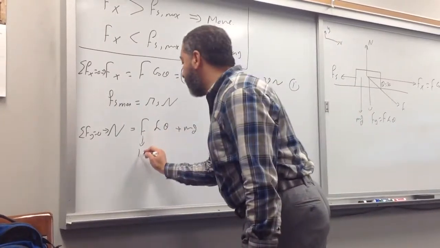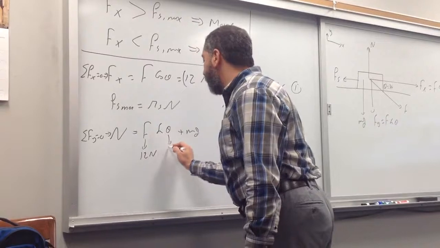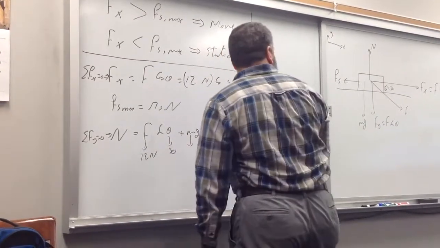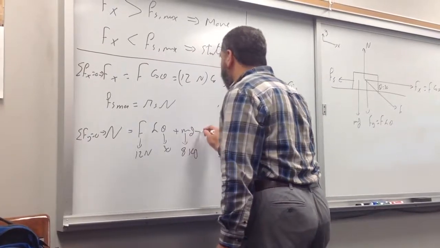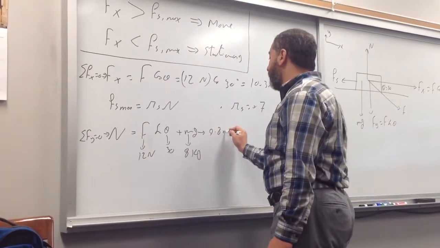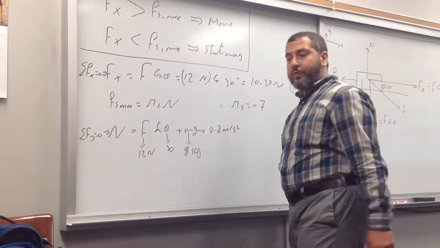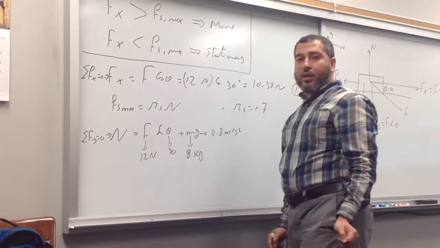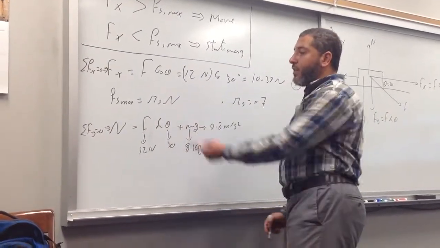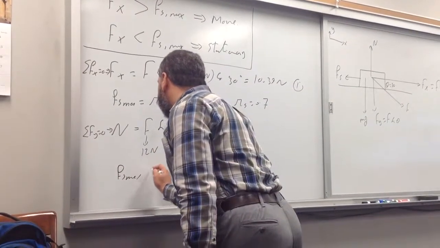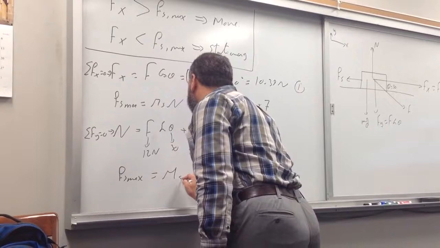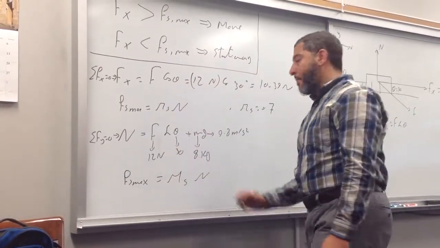F here is 12 newtons, theta is 30, m here is 8 kilograms, and g is 9.8 meters per second squared. After substituting these values and finding N, I can plug it into this equation to find mu s times N.